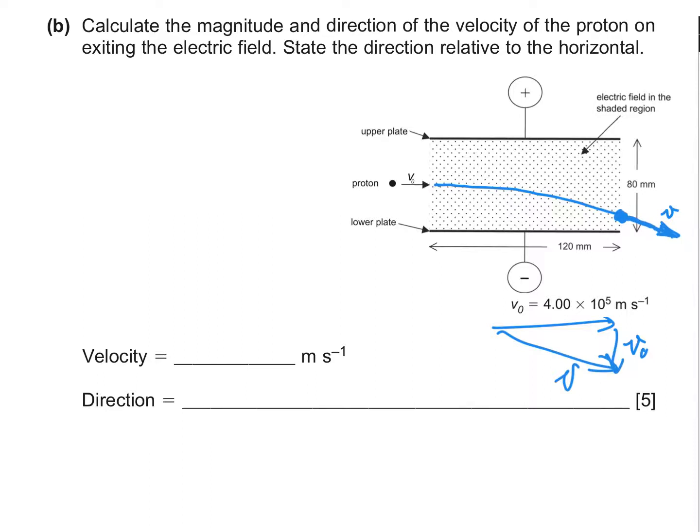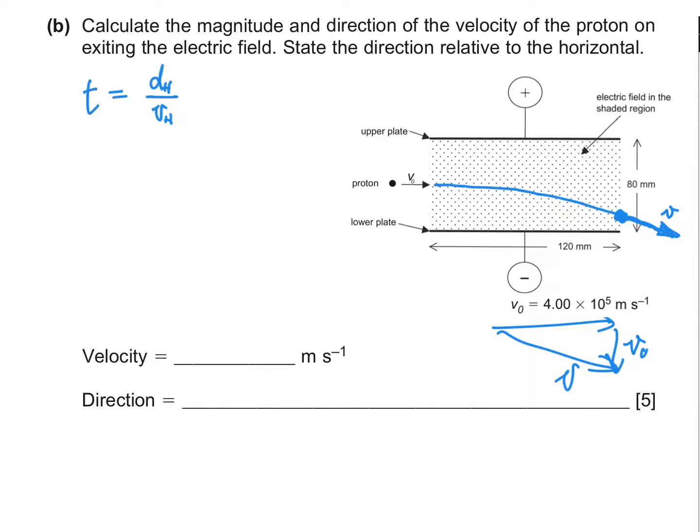How long is it in the electric field? The answer is how long, at this speed, does it take to cross 120 millimeters. That gives the time the vertical acceleration acted for, so you can work out the vertical motion just by getting the horizontal time.